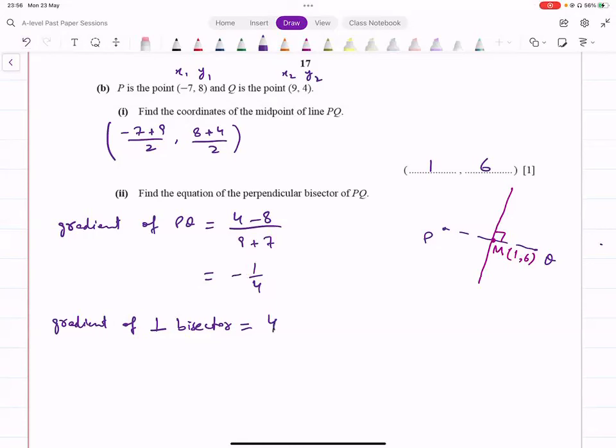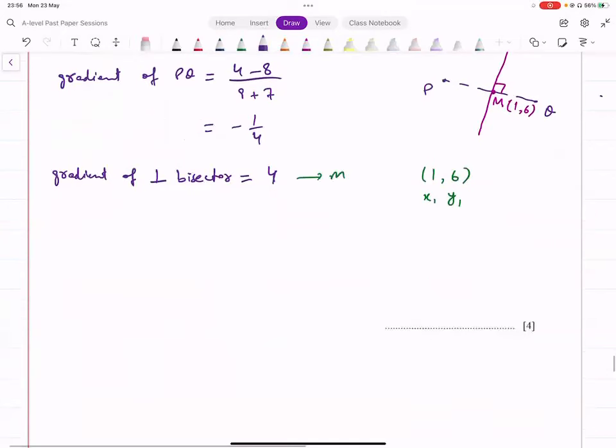आपके पास क्या हो गया? Gradient आ गया. This is m, and you've got the point. The point is 1 and 6. This is x1 and y1. तो आप क्या कर सकते हैं? You can use this equation. y minus y1 equals m into x minus x1. ये use कर लें, you get y minus 6 equals 4 into x minus 1.